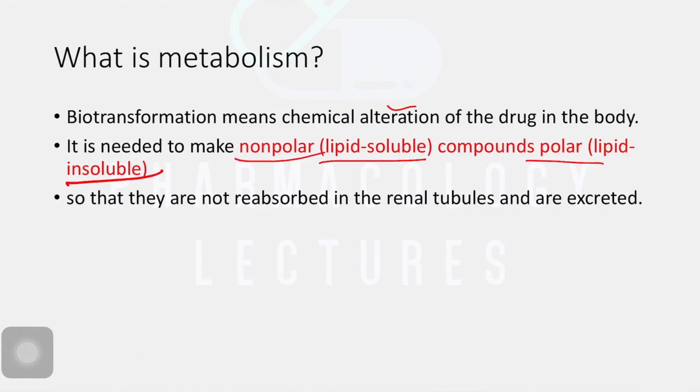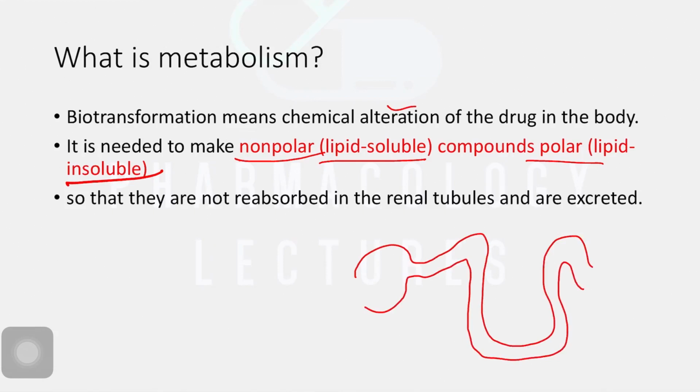Okay. Most of these drugs get excreted through the kidney, and in the kidney, the important unit is renal tubules. In those renal tubules, some of the important particles again get reabsorbed. This reabsorption procedure involves lipid solubility.